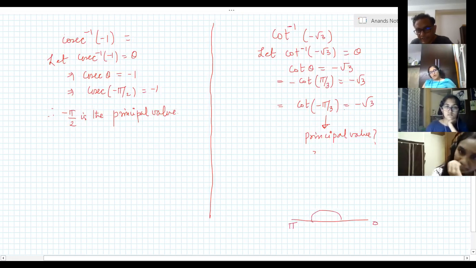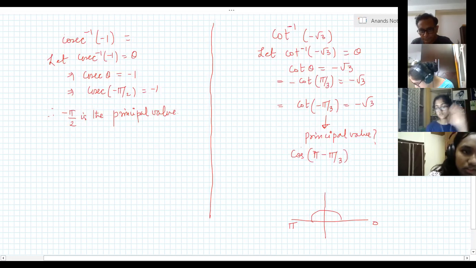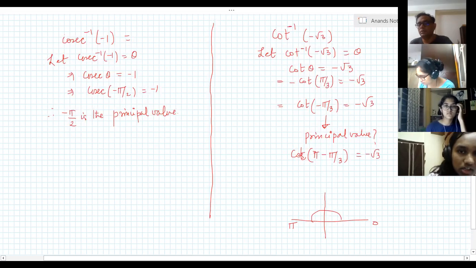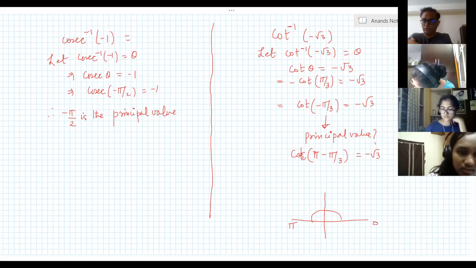So what identity will give us negative in the second quadrant? Cot of pi minus pi by 3. Correct? Because cos of 180 minus theta is negative, sine of 180 minus theta is positive. Because of that, cot of 180 minus theta will be negative.